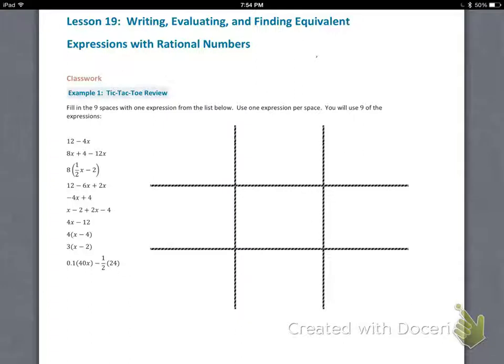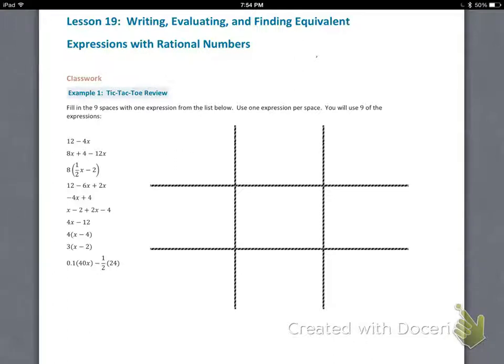And then I'm going to present you with other expressions which are going to be equivalent to one or more of the expressions that you have on your tic-tac-toe board. So it'll become more clear as we go.